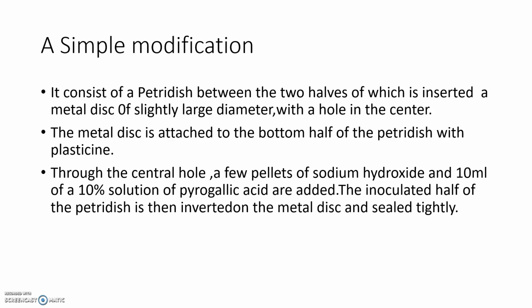Through the central hole, a few pellets of sodium hydroxide and 10 ml of 10% solution of pyrogallic acid are added. The inoculated half of the petri dish is then inverted on the metal disc and sealed tightly.